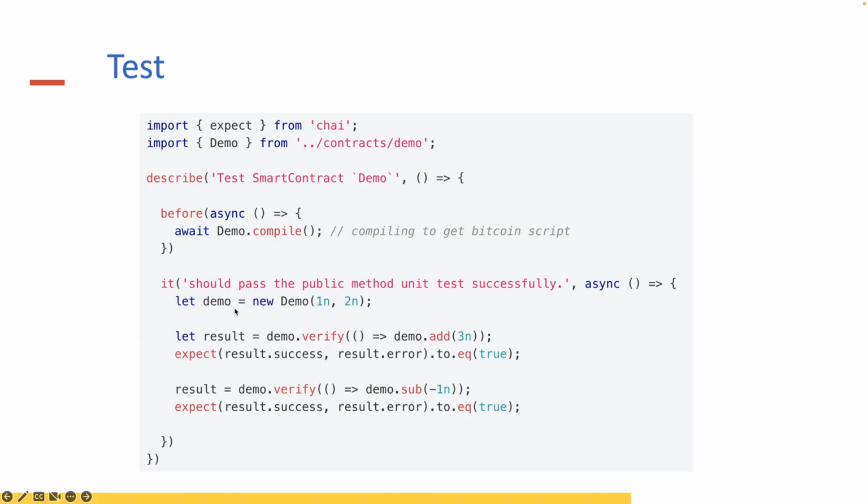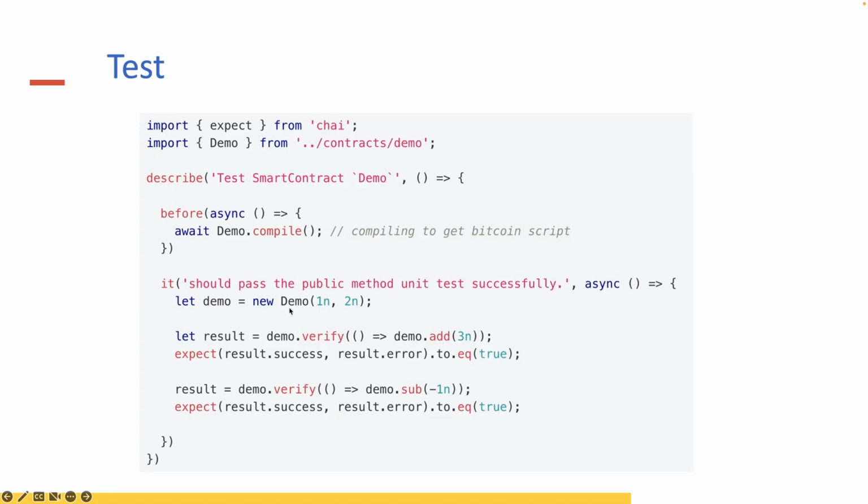Once you have this, you can treat the contract as a normal class. You can call its constructor and create a demo contract instance here. Once you have the instance, you call the function for local testing, verify. As the name suggests, it calls a public function of this smart contract, for example add.